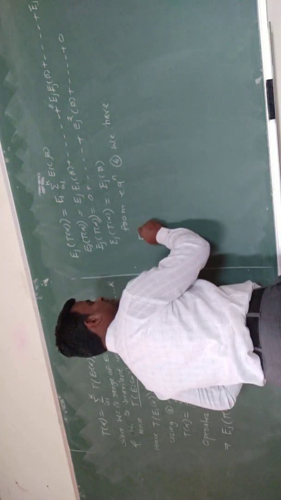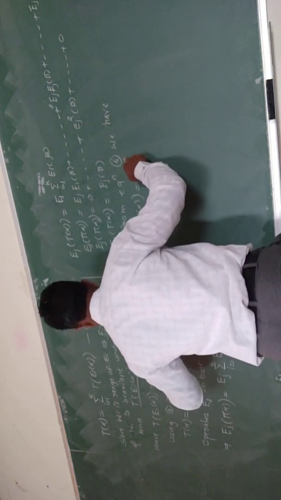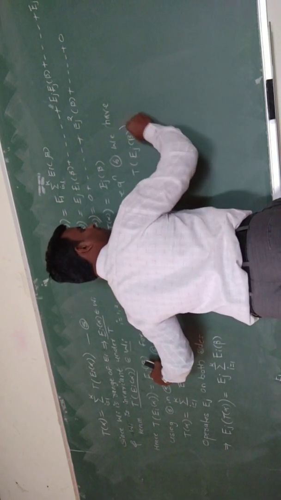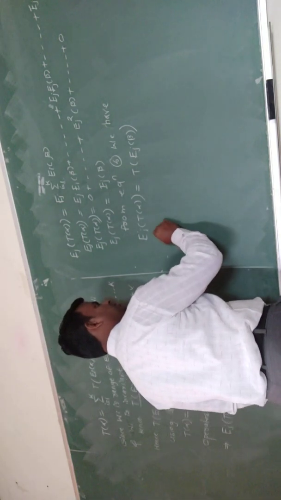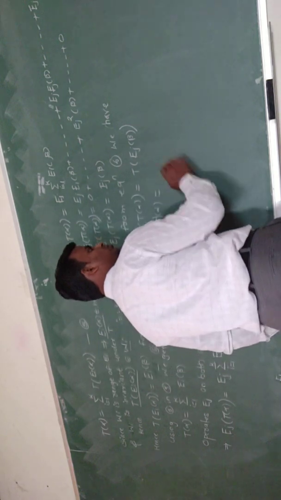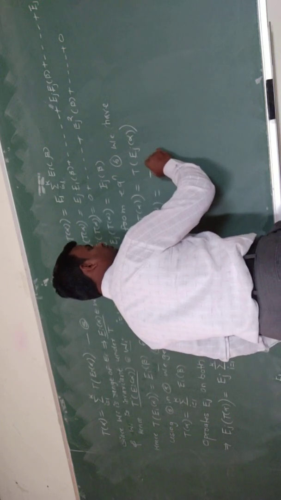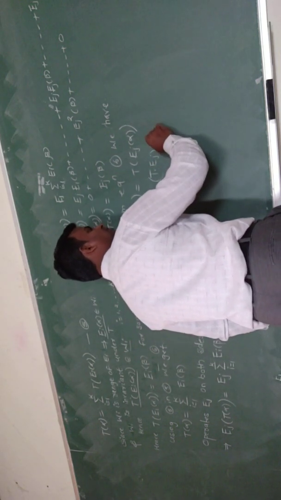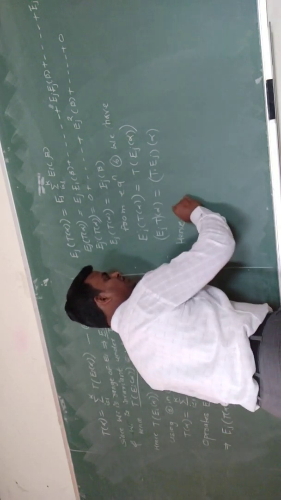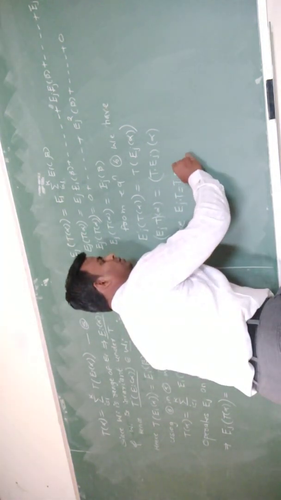So the left side, E_j of T of alpha, is equal to, from equation 6, T into E_j of alpha. Hence E_j into T is equal to T into E_j.